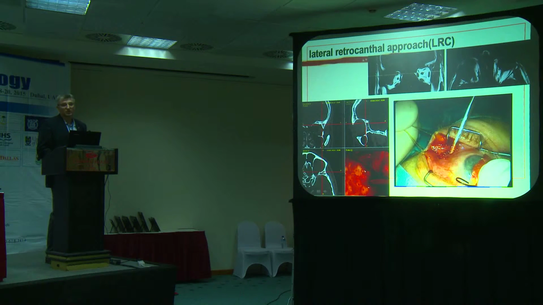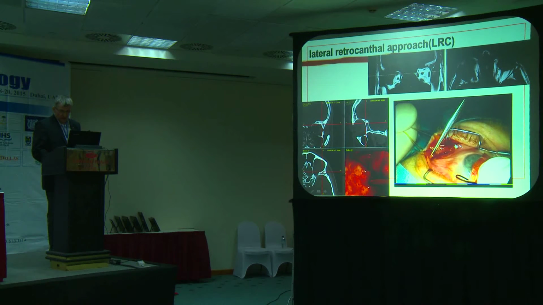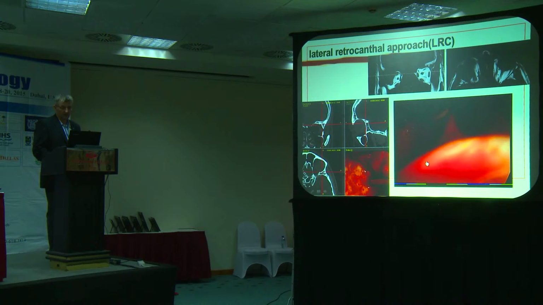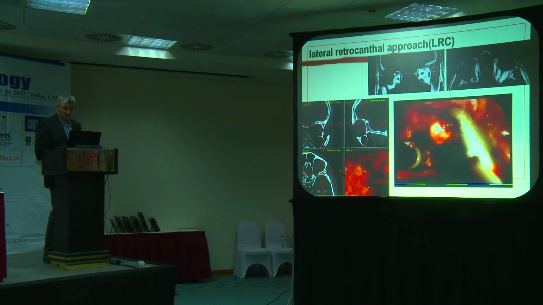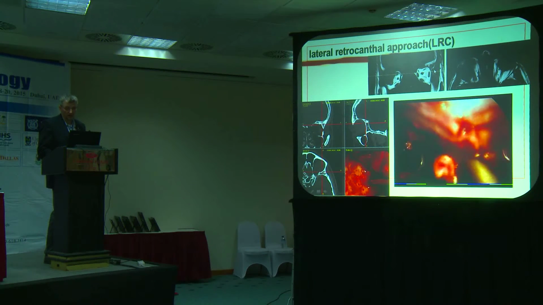For lateral lesions of the orbit, we use either a retrocanthal approach or a lateral modified endoscopic approach. The incision is created posteriorly to the lateral canthal tendon. Again, we separate first the tumor from the orbital tissue, then from the orbital wall.